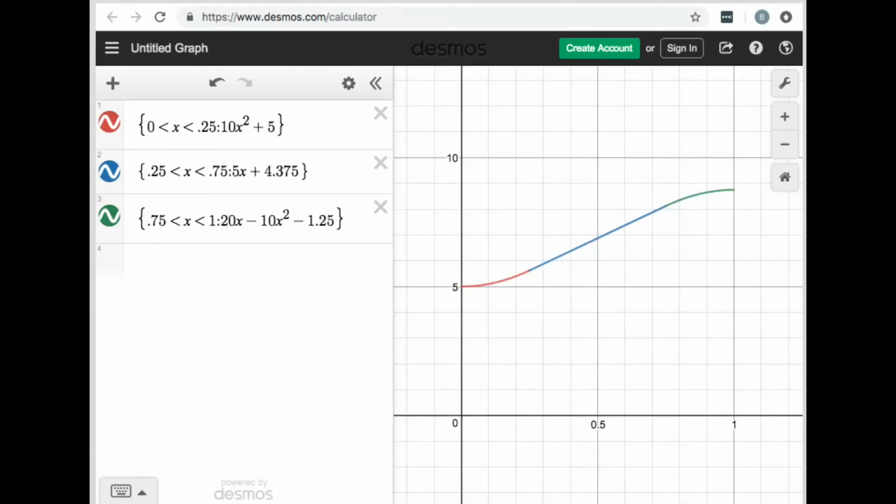Well, here's what we get when we go to Desmos. I've used a piecewise function, and the way I do that in Desmos is I use curly braces. And first you put the inequality, so between 0 and a quarter, I'm going to use the formula 10x squared plus 5. On the next interval, between a quarter and 3/4, I'm going to use 5x plus 4.375. And on the last interval, 20x minus 10x squared minus 1 1/4.